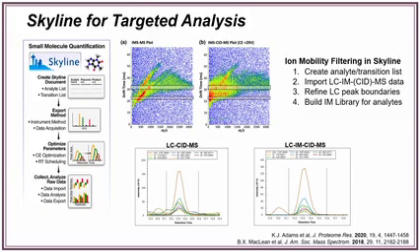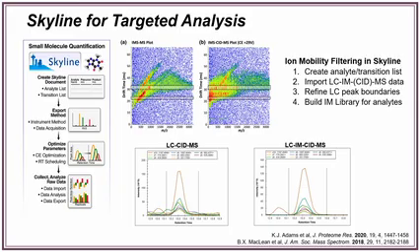So you don't necessarily have to know everything, but you can program it in that sense. All you need is some information about the chemical formula, and it will calculate the mass to charge and the different adducts you might see, and extract out in your data all of these traces for those targets.